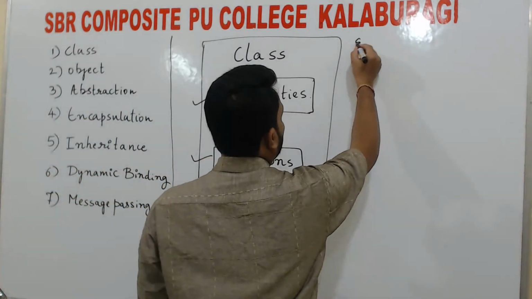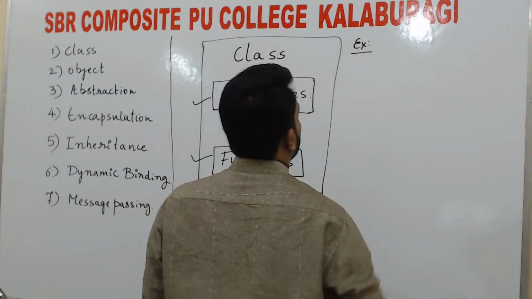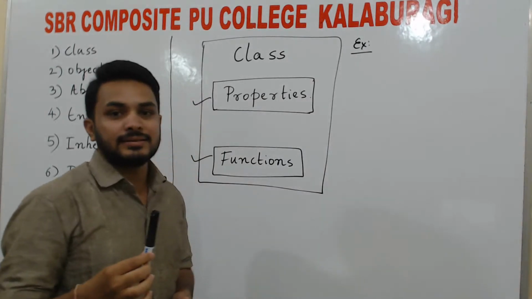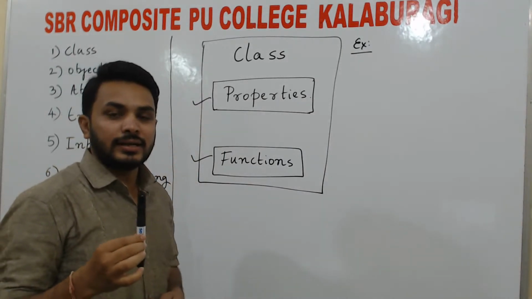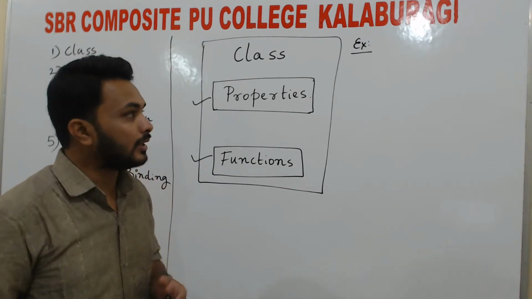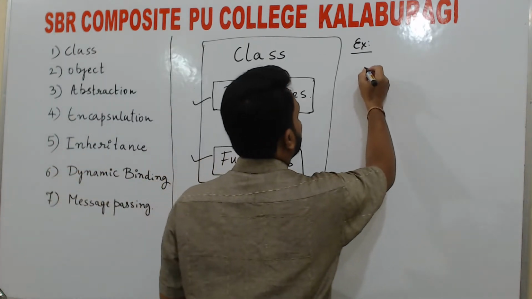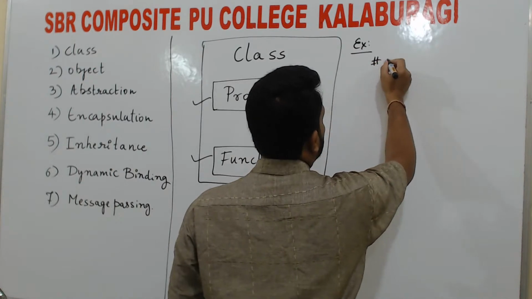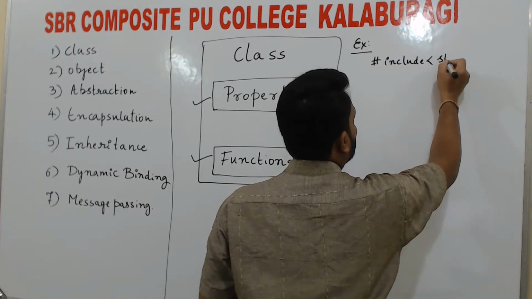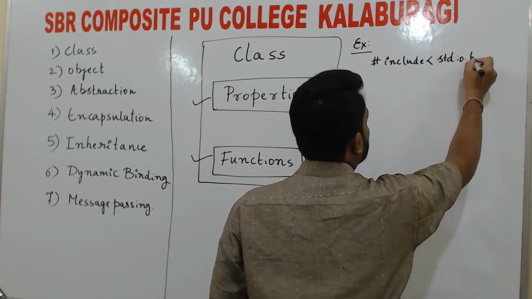Suppose, for example, a pen. Pen is an object. I need to write this pen object's properties and functions inside the program. How will you write it? I will write #include .h files.